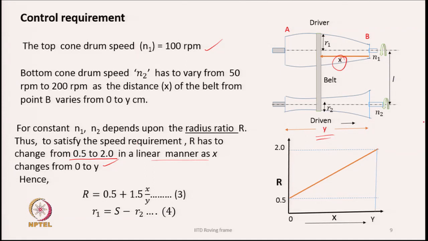If we look at the diagram below, r is changing linearly from 0.5 to 2 as x changes from 0 to y.